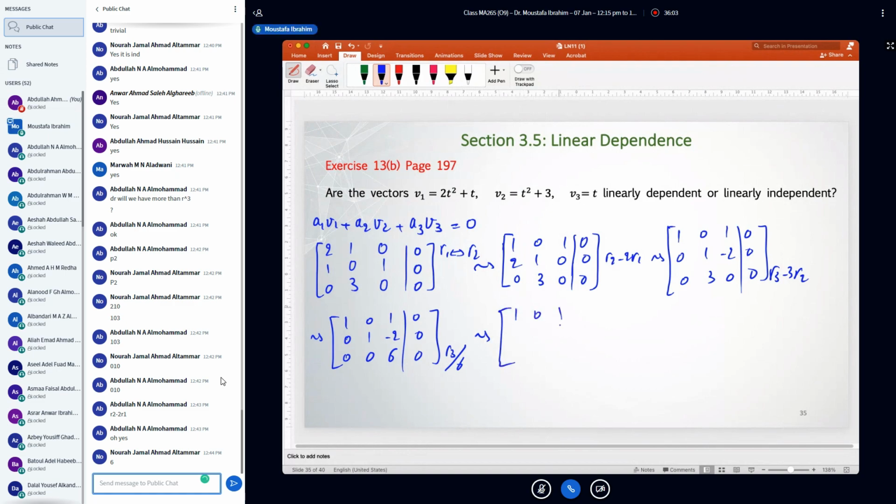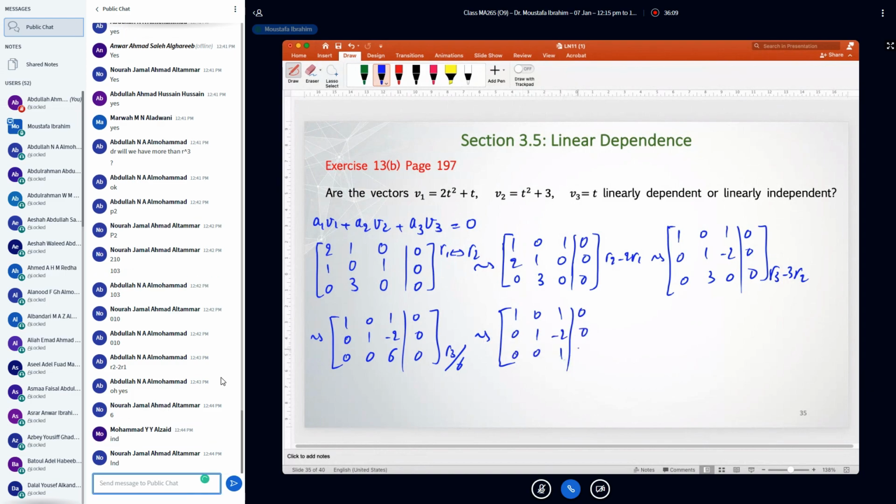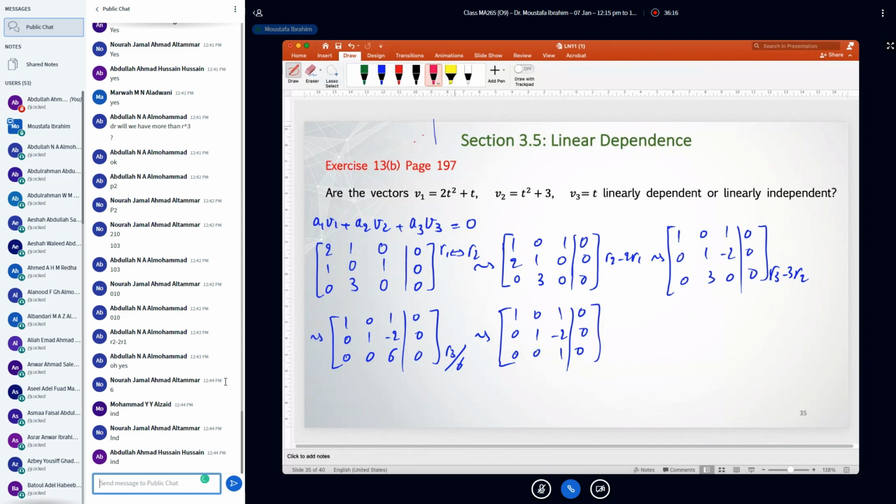Is it linearly dependent or independent? Very good, independent. Why? Because we have leading 1, leading 1, leading 1, for A1, A2, A3.